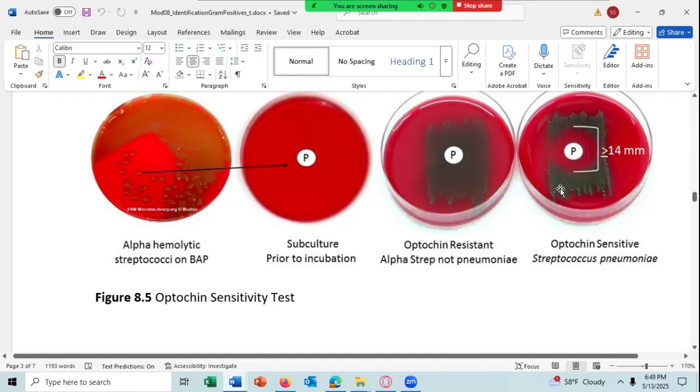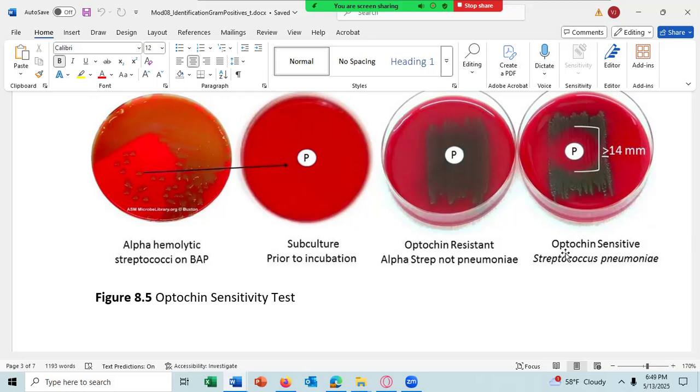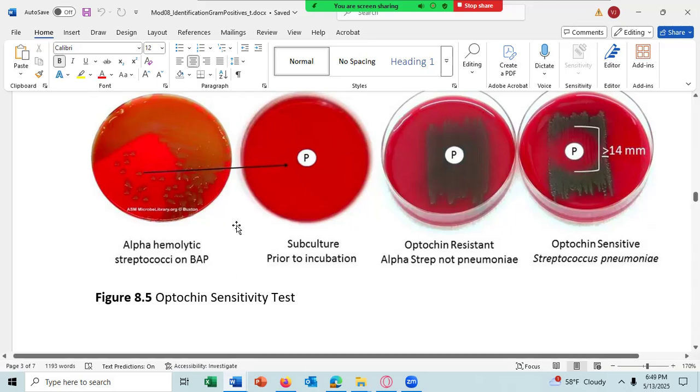If it is sensitive to optochin, meaning it has a zone of inhibition with a diameter greater than or equal to 14 millimeters, then it is Streptococcus pneumoniae, because it's the only Streptococcus which is sensitive to the antibiotic optochin. I should say it's the only alpha hemolytic Streptococcus that is sensitive to optochin. Any question about any of that?